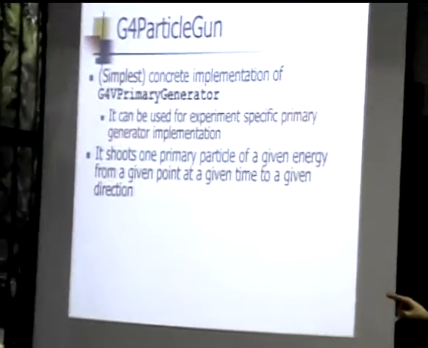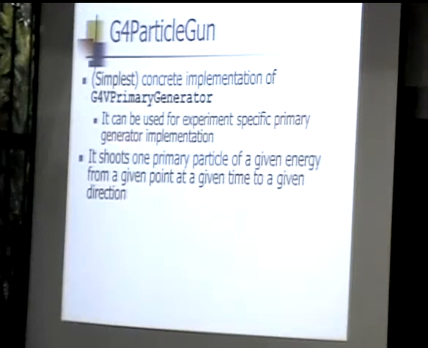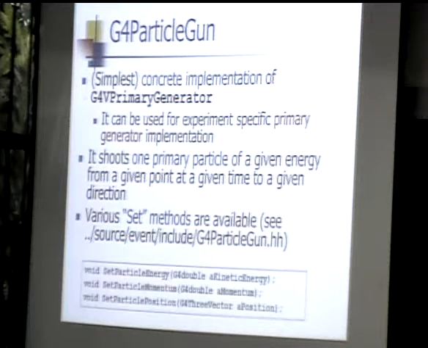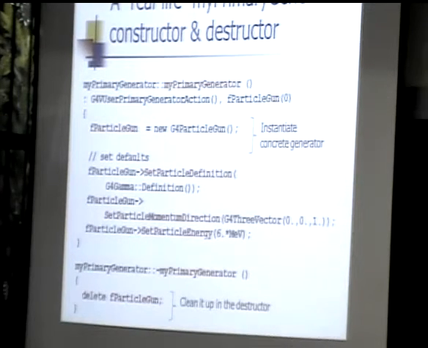What it does is shoot one particle of a given type in a given direction from a given point. And you have several set methods to select these things: you can set particle energy, momentum, and position. So you have all the methods to set the state that you want to generate.